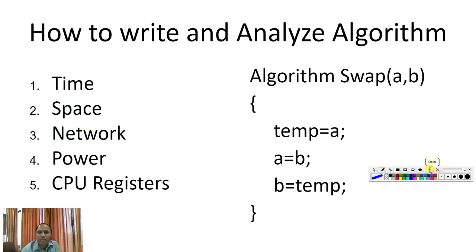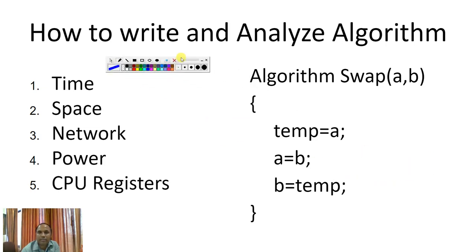Now to represent and explain all these things in detail, I have written a very simple algorithm. You see, writing an algorithm is also an art, right? You have to write down here the name of the algorithm, and in this case it is SWAP.